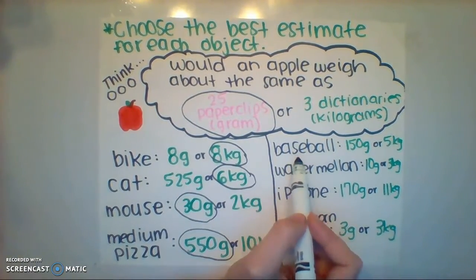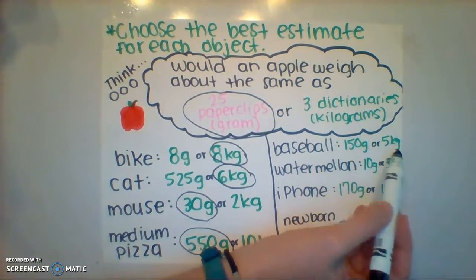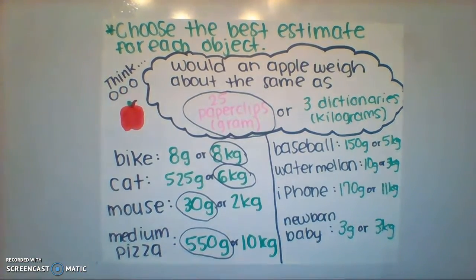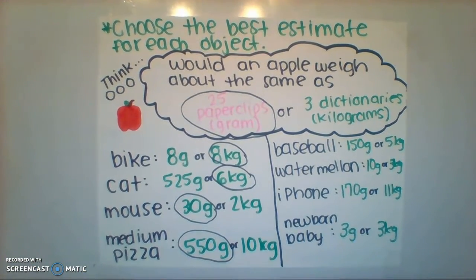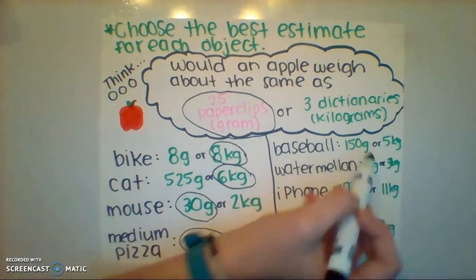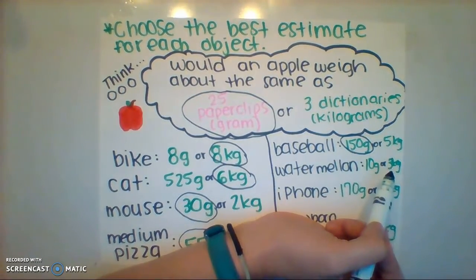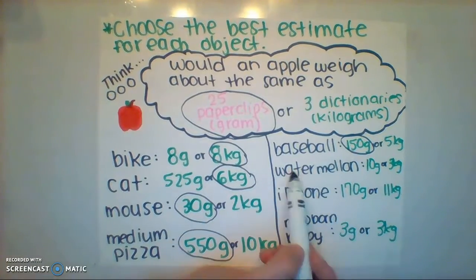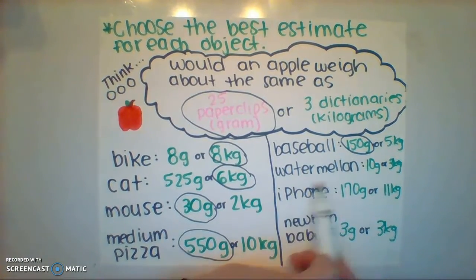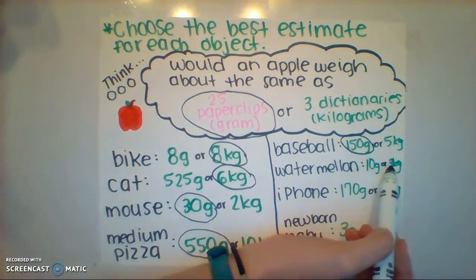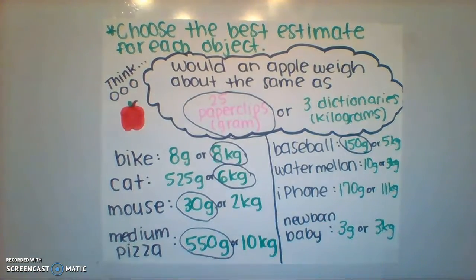Moving on, we have a baseball, 150 grams or 5 kilograms. This would be 150 grams. 5 kilograms would be those 5 dictionaries. What about a watermelon? We have 10 grams or 3 kilograms.